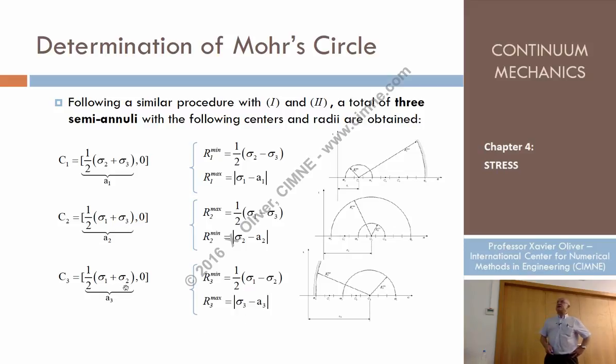And that's the one that we have checked. The center is at the midpoint of sigma 1, sigma 2, and the minimum radius defines a circle passing through sigma 1, sigma 2, and the maximum radius defines a circle which passes through sigma 3, right?